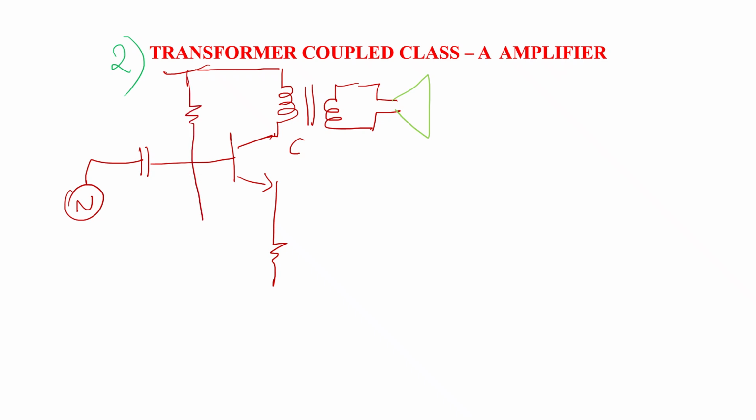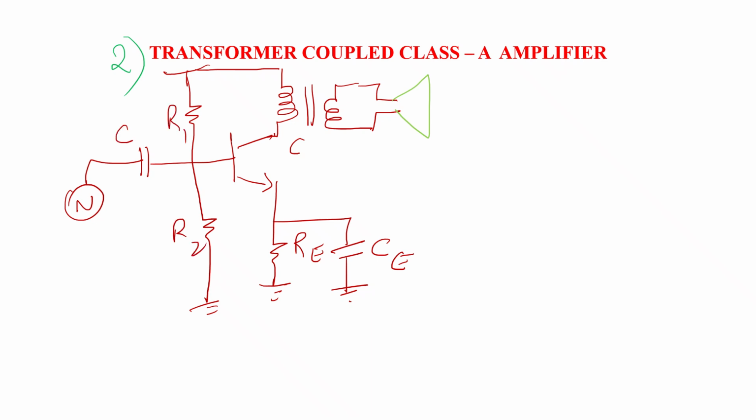And in order to provide proper biasing, there is an RE resistor provided with a coupling capacitor, R1, R2 resistors, a blocking capacitor, and the input source voltage, plus VCC for the purpose of biasing. Here, as we know, there are the base terminal, collector terminal, and emitter terminal.